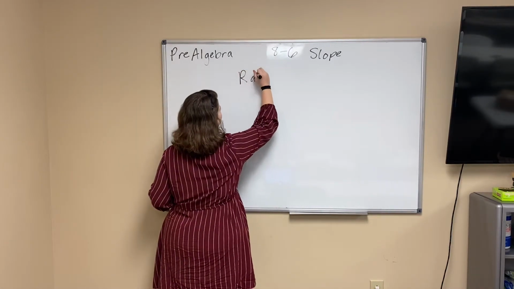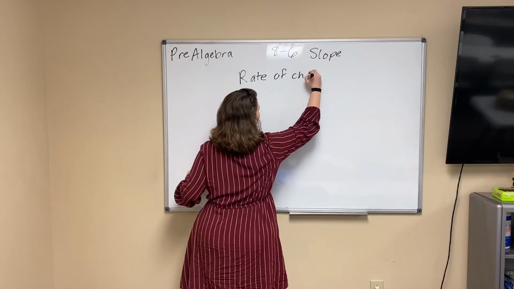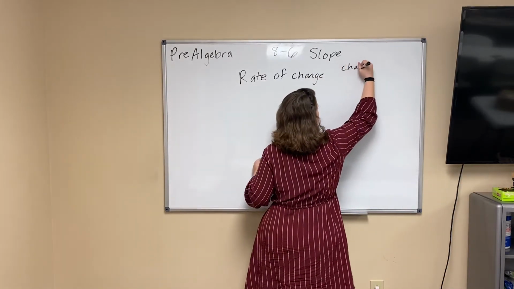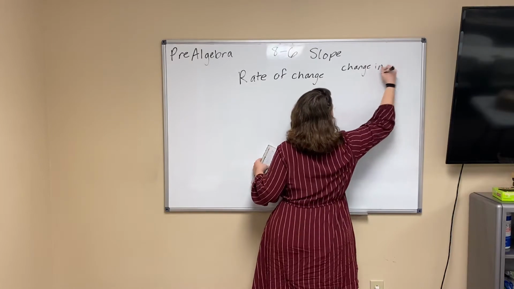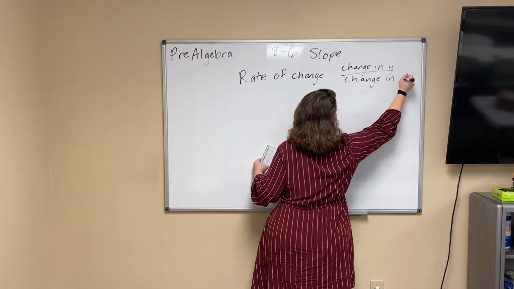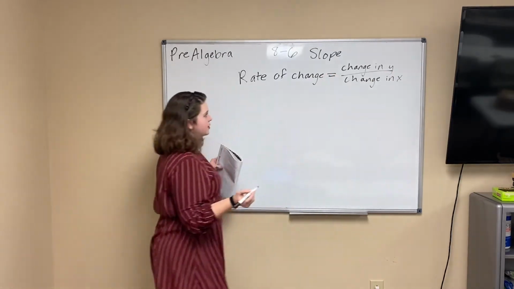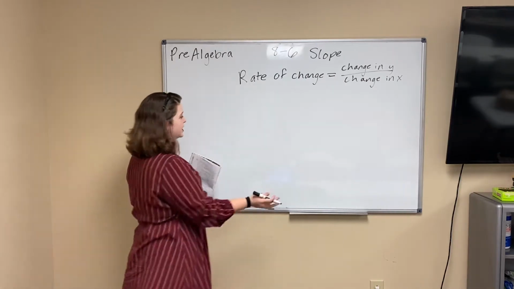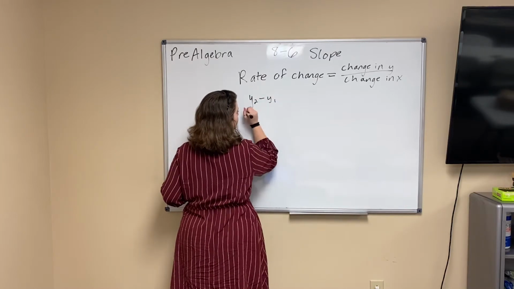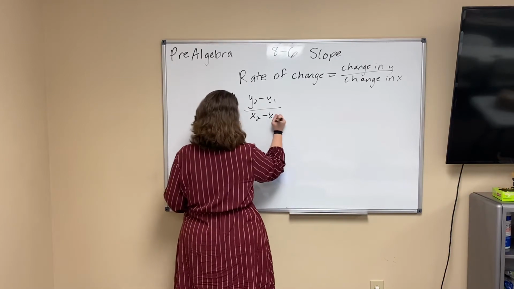Normally I would see if anybody knew. Rate of change, as we learned in 8-4, is the change in y over the change in x, and the equation for that we used was y2 minus y1 over x2 minus x1.